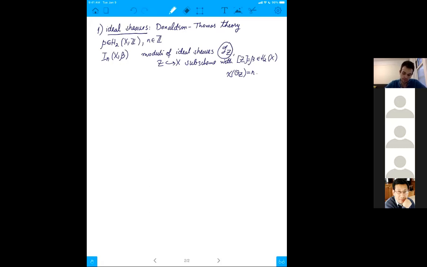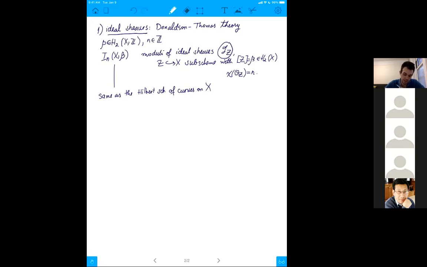Okay, so this is the same as the Hilbert scheme of curves on X. But it is more convenient to work with ideal sheaves than with structure sheaves of the curves, as I'll explain in a second.